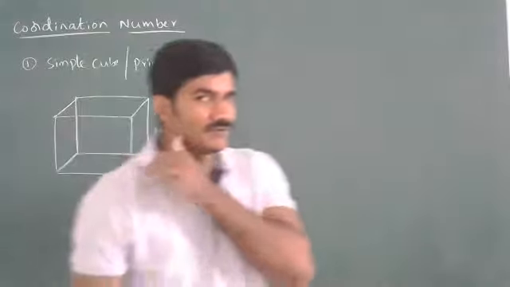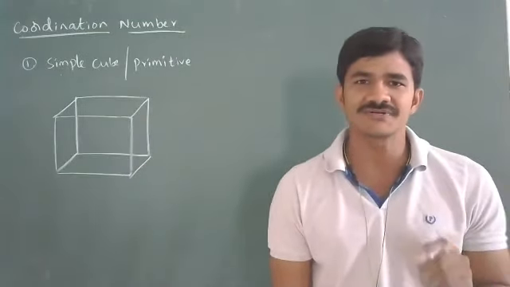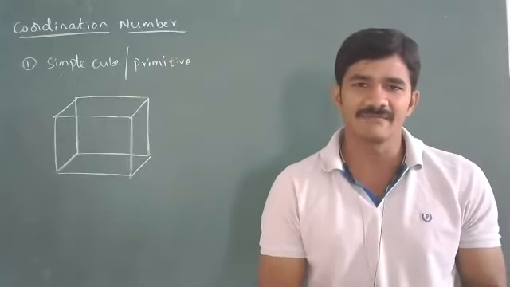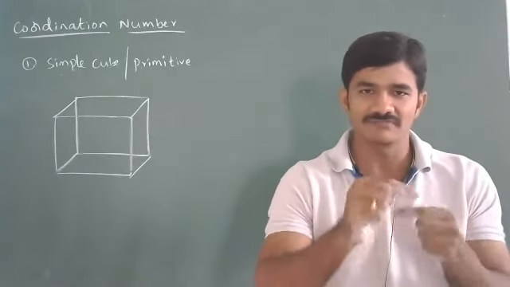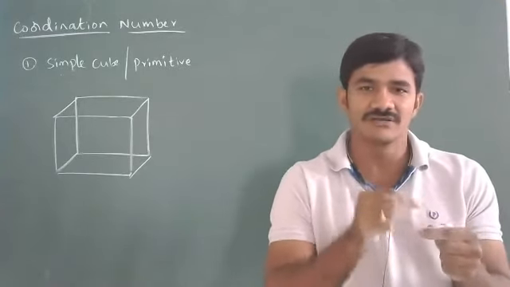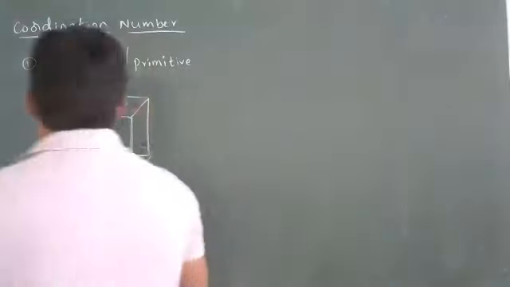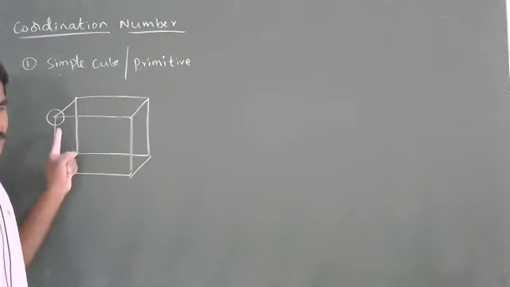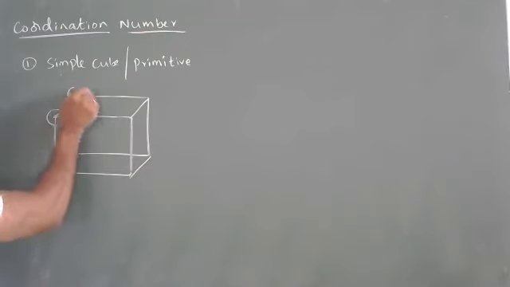I think all of you know what coordination number is. Coordination number means the number of nearest neighbors of a particular atom, or the number of atoms touching one particular atom surrounding it. Okay. So here, let us take this atom. How many atoms are touching this one?